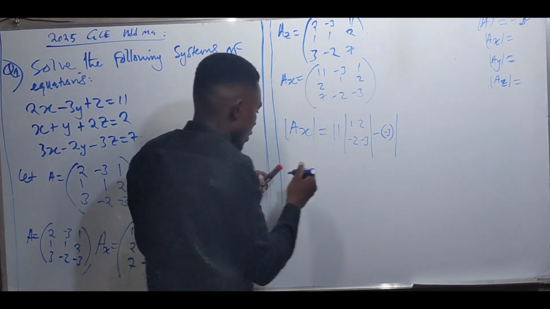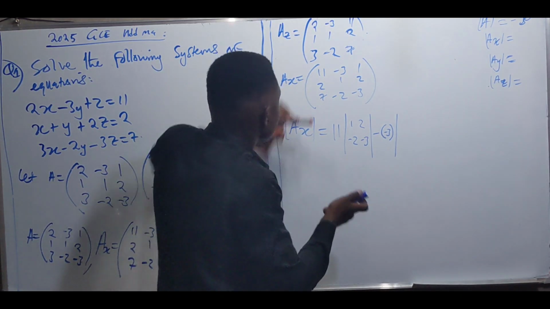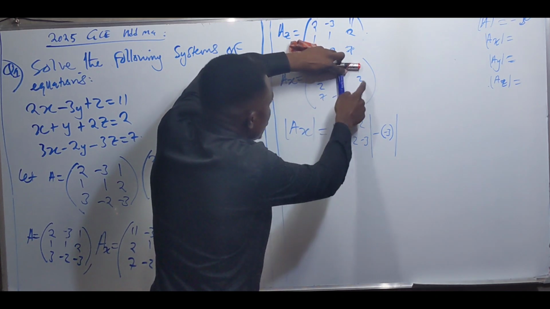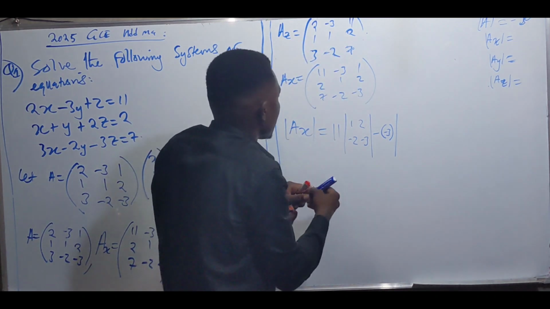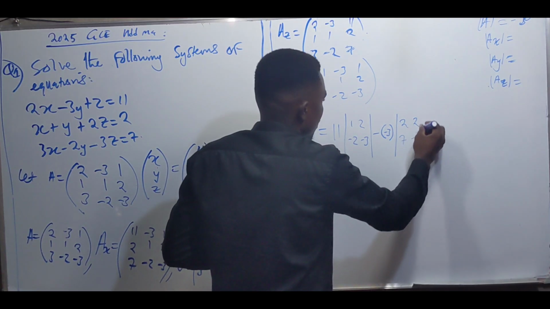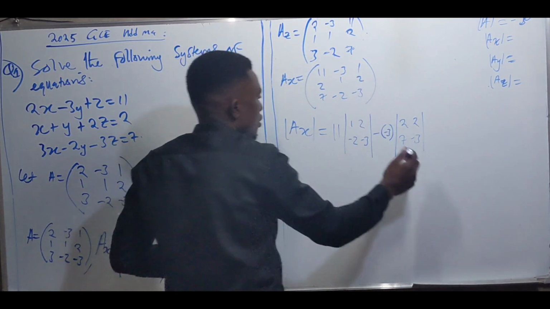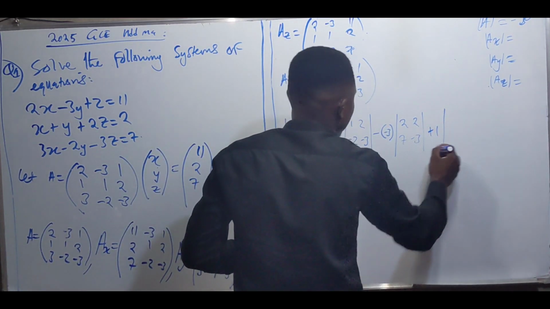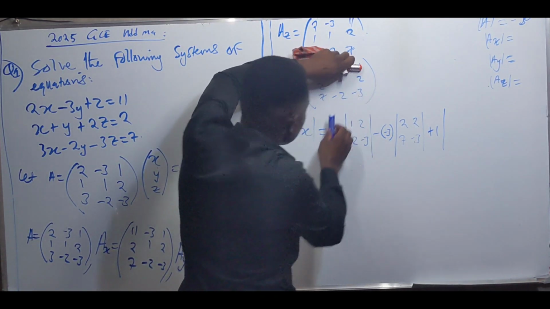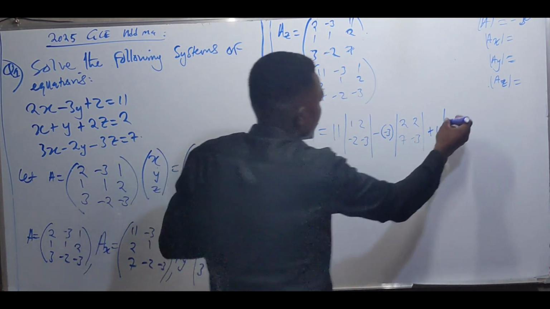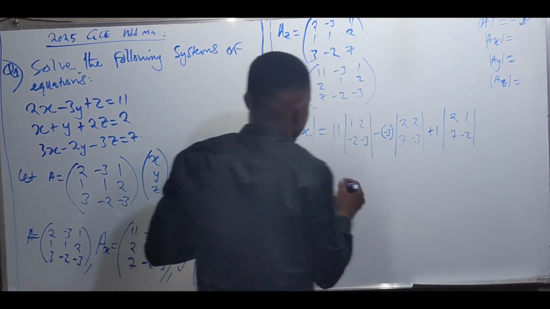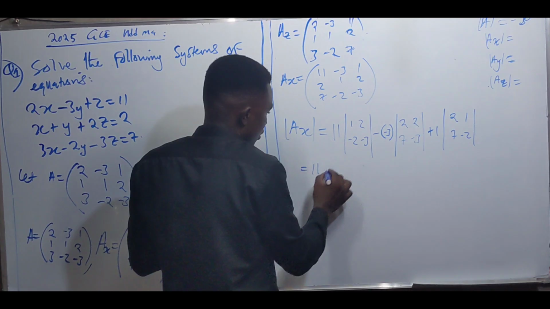If I delete like this, what am I going to remain with? 2, 2, 7, and negative 3. The third is a positive, plus 1. If I delete this, what am I going to remain with? 2, 1, 7, as well as negative 2. Great. Therefore, this is 11.